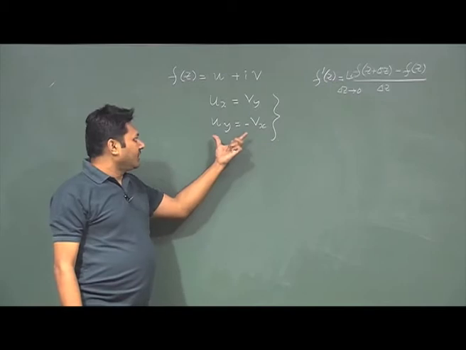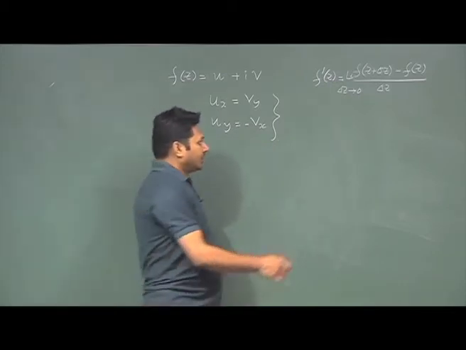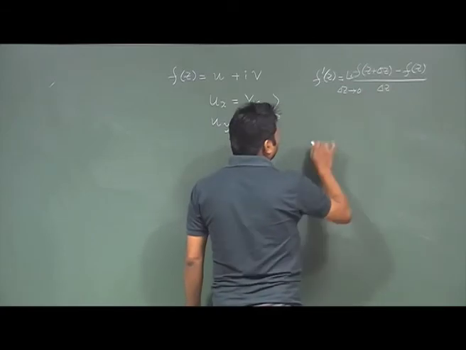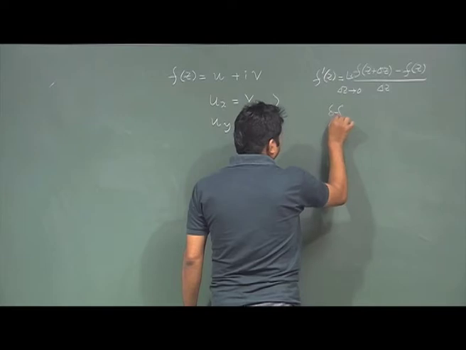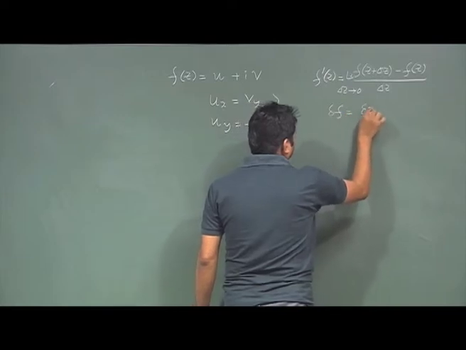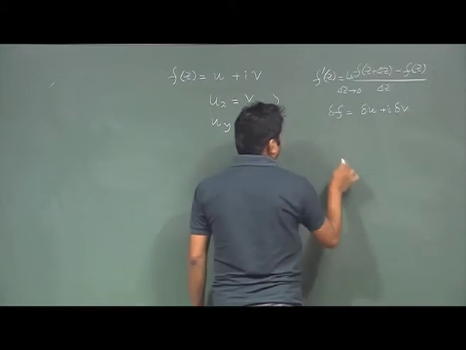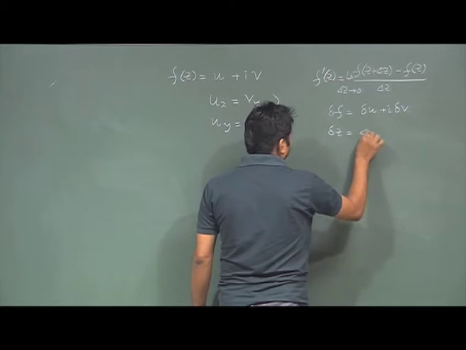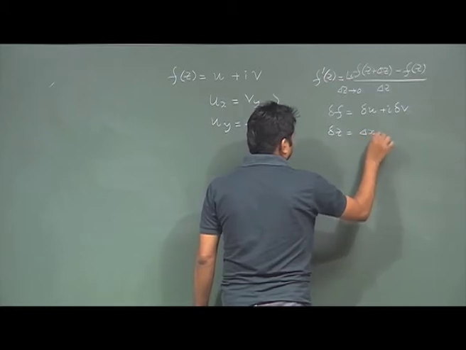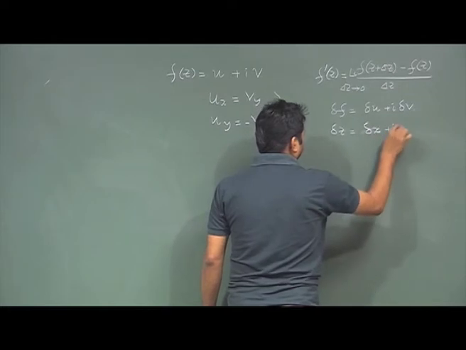During the derivation of the Cauchy-Riemann equation, we approached this condition in two ways. Delta f was delta u plus i delta v, and delta z was delta x plus i delta y.